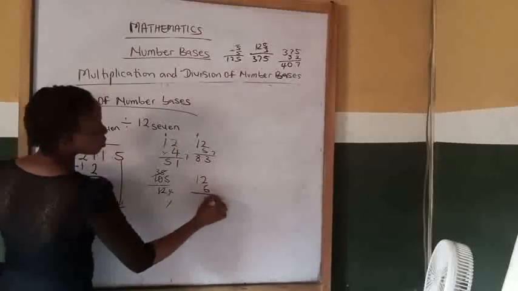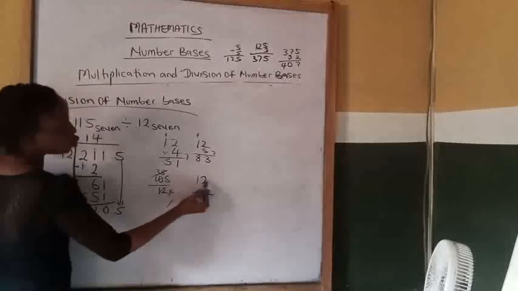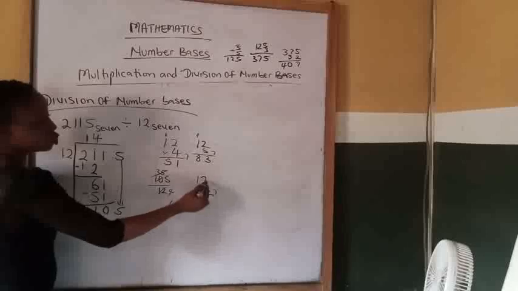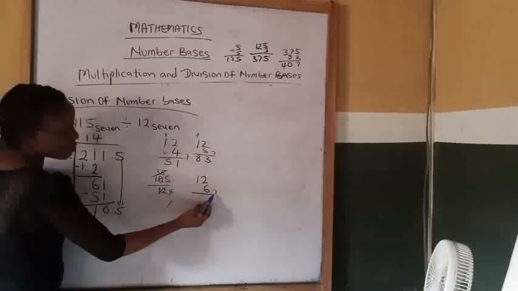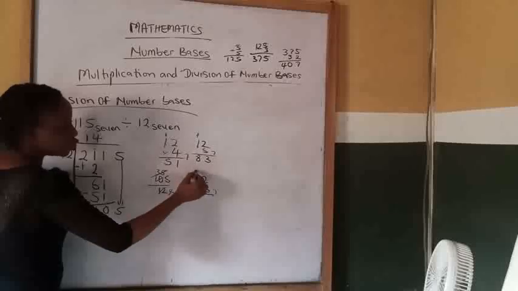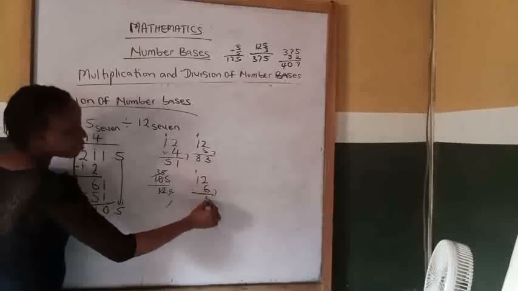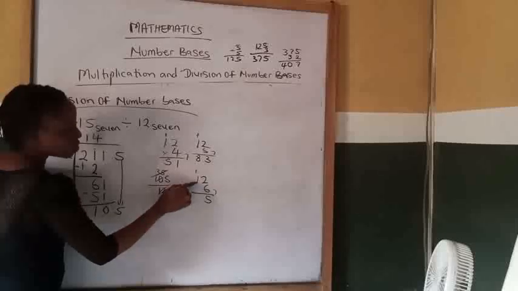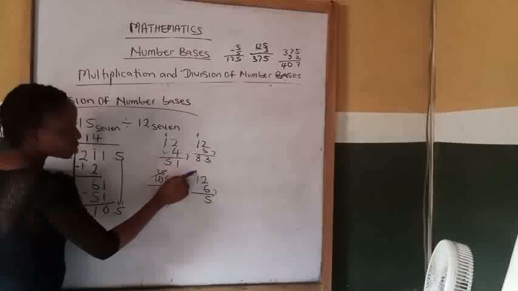12 times 6. Now 6 times 2. Don't forget that you convert to your base. 6 times 2 is 12. Then how many 7 can we get in 12? Is 1, remainder 5. Then 6 times 1 is 6, plus 1, that is 7.